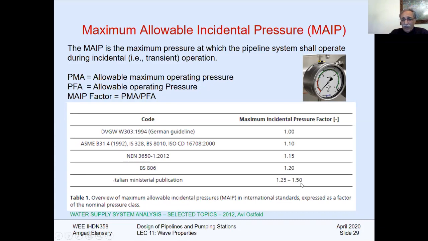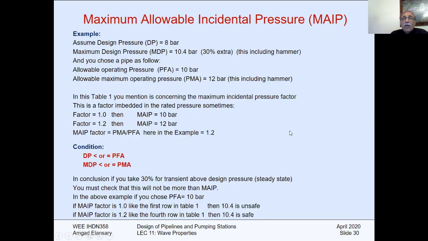In our design, we are going to use the German guideline. Again, I put an exercise in front of you to calculate the maximum allowable incidental pressure and show whether it is safe or not safe, so you can get that exercise and solve it. Thank you.